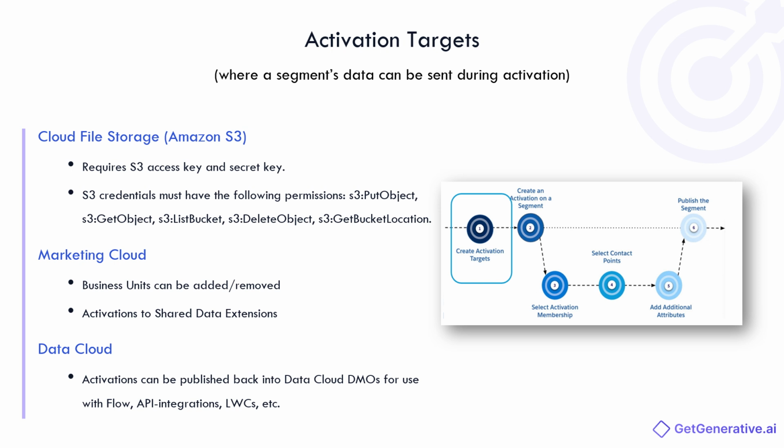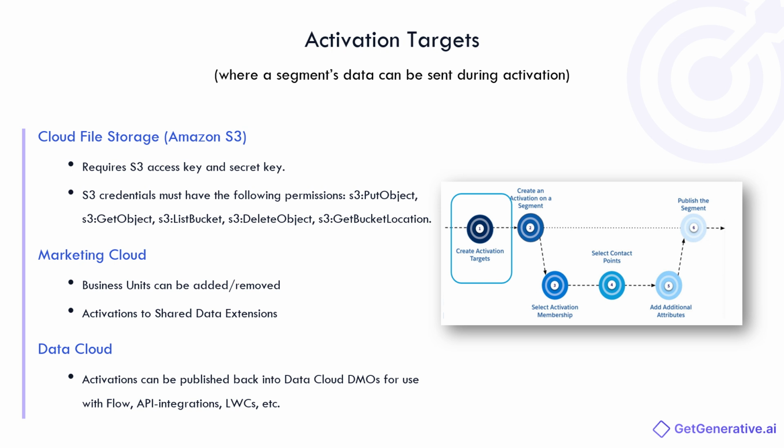You can also activate the data within Data Cloud. What that really means is you can create a new data model object and push the curated data into Data Cloud. Like we discussed in our last class, segmentation is merely a filter which is yet to be applied. You can see the population, but you cannot see the records that it falls into.